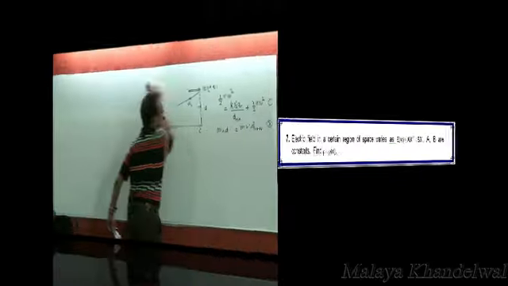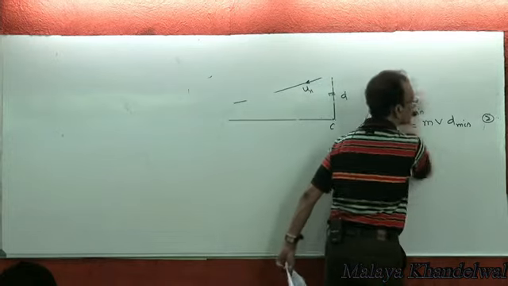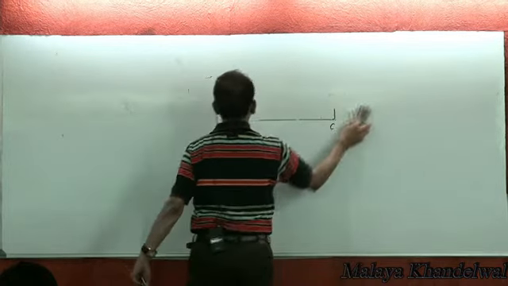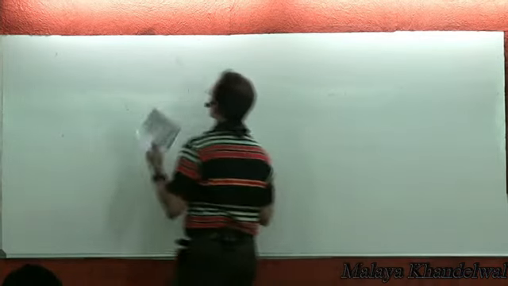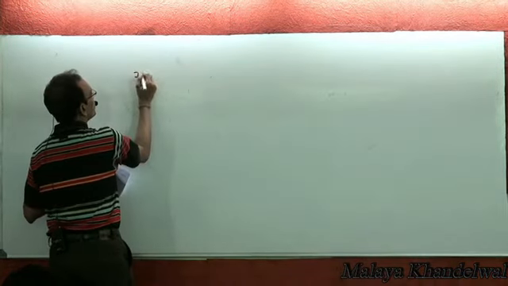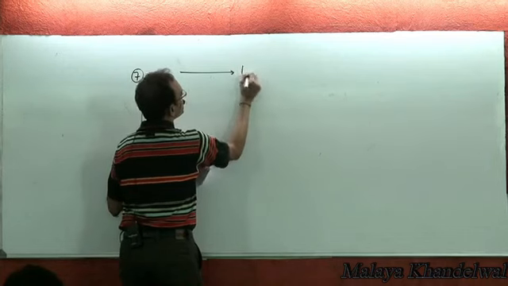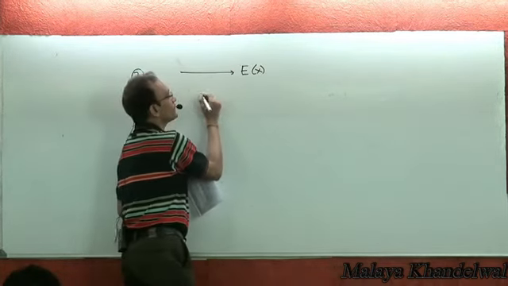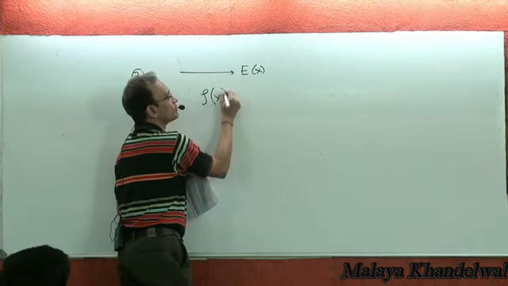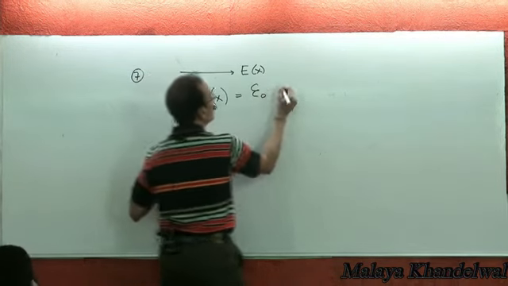Number 7. If I have a region in which electric field is known as a function of x, electric field varies in the x direction, then the volume charge density as a function of x is epsilon naught dE dx.